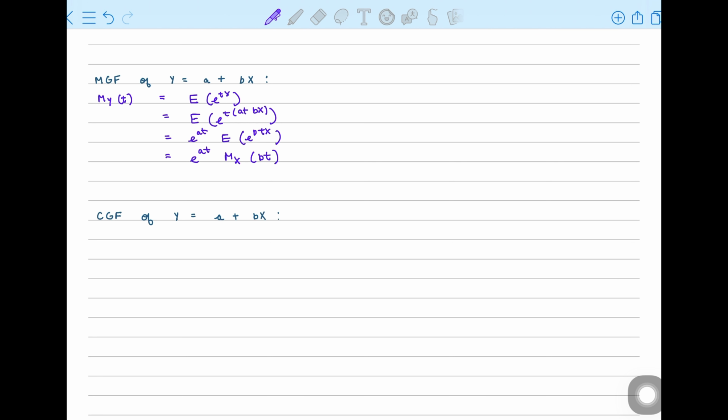Now again, using the same equation, let's derive the CGF of y. The CGF is given by the logarithm of the MGF.